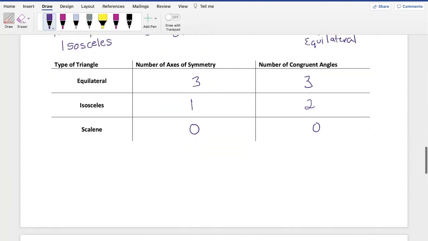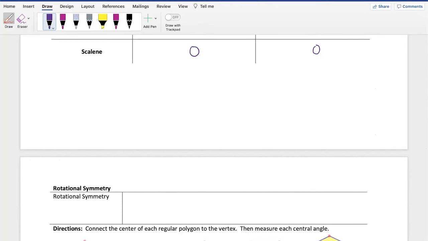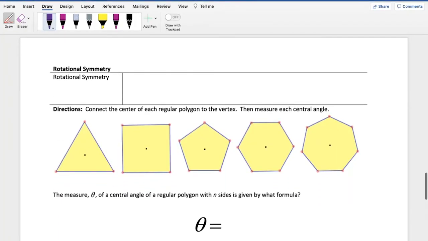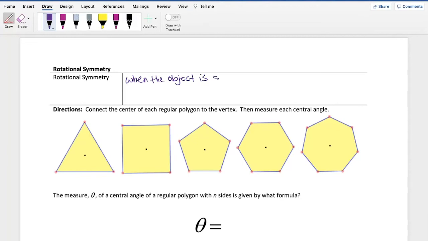So moving on, we're going to get into rotational symmetry. See if I can write small enough here. Rotational symmetry is when the object is spun, but I'm not going to spin it around the whole way. So it would be less than 360 degrees.